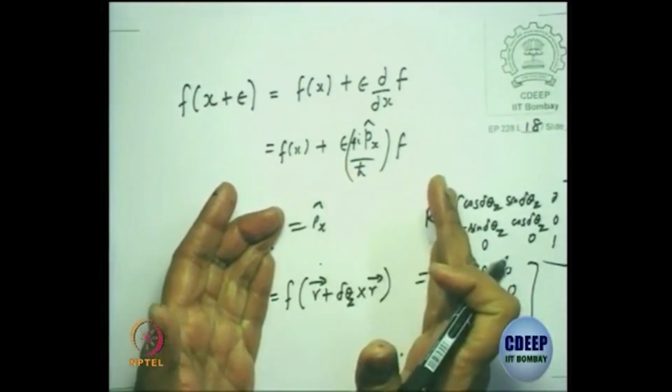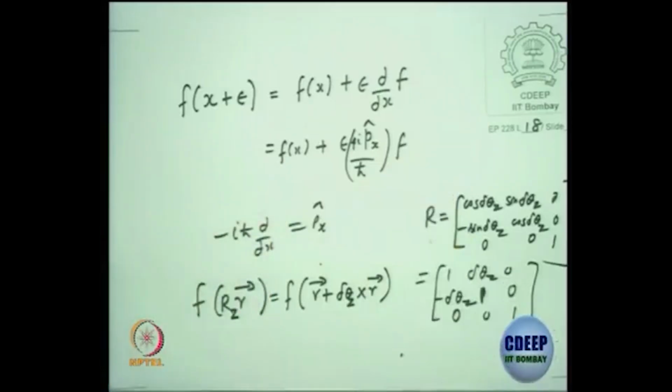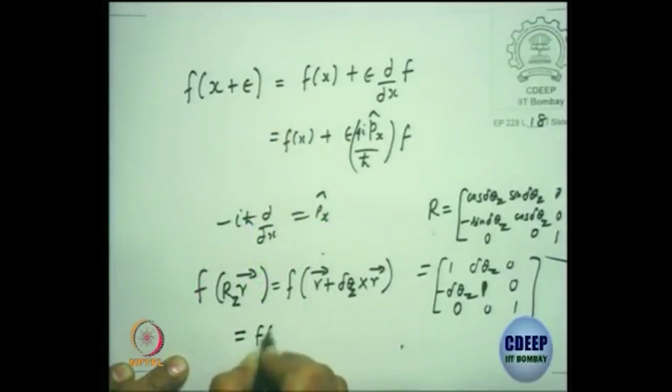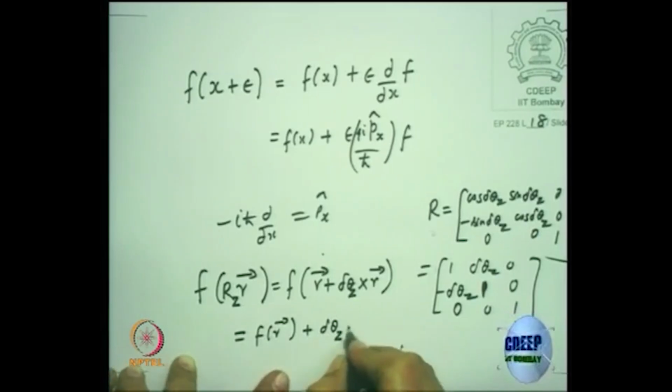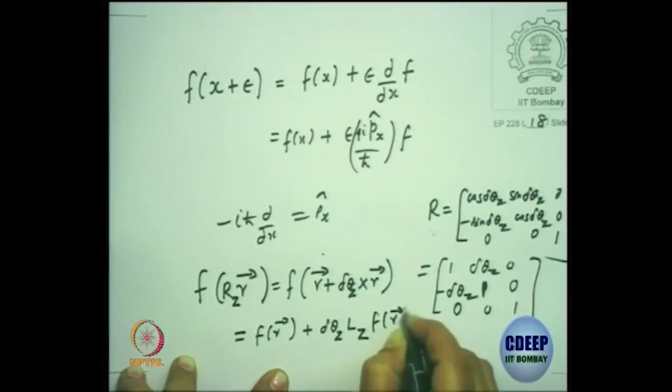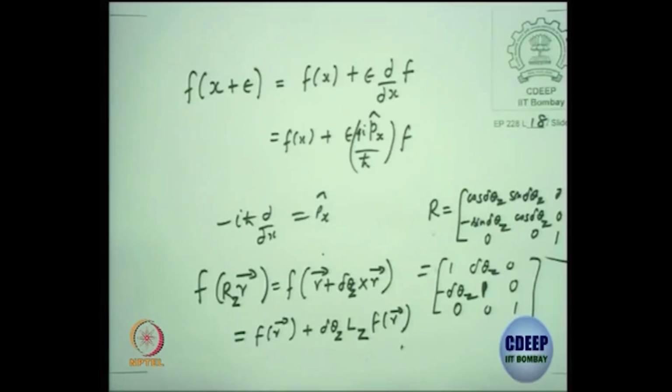The second term I want you to do yourself, just fiddle around and see what the second operation can be written as, and you will see there will be an angular momentum operator. You will see that it will be like f of r plus delta theta z Lz on f of r. Leave it to you to check.